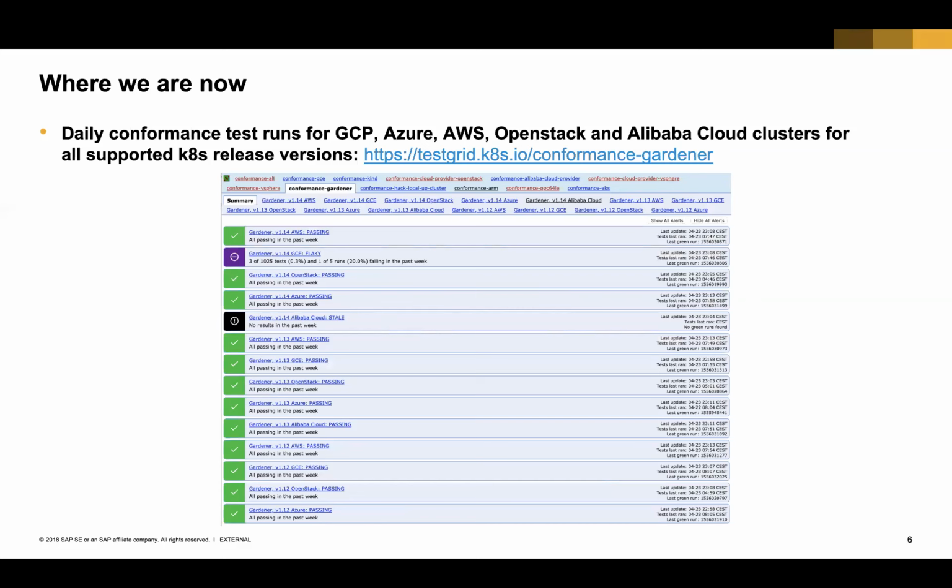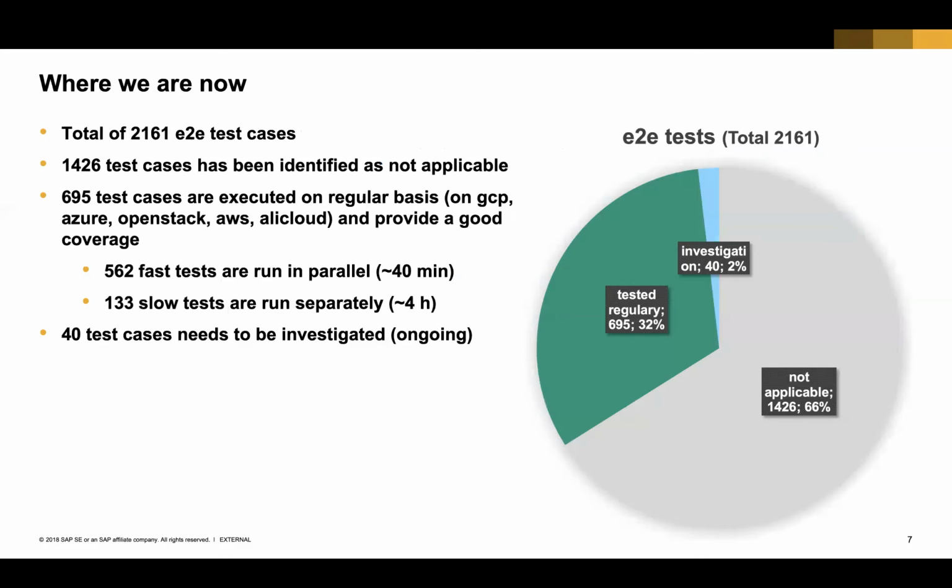And additionally to that, we explored in total around about 2,100 test cases, and the majority, so the 1,400 test cases, has been identified as not applicable for our clusters created by Gardener because of different reasons.